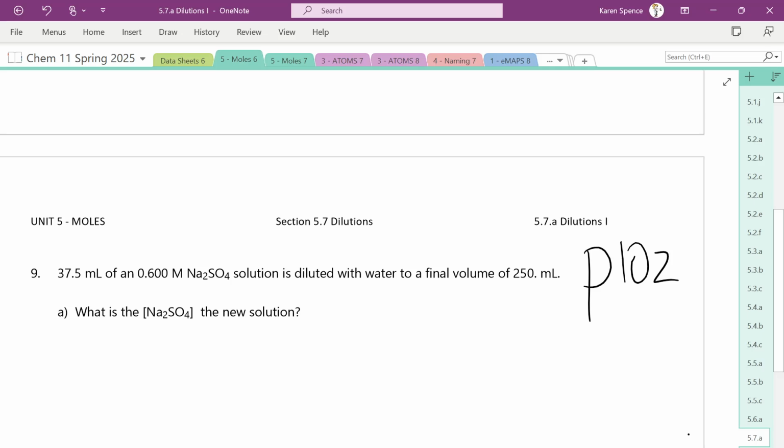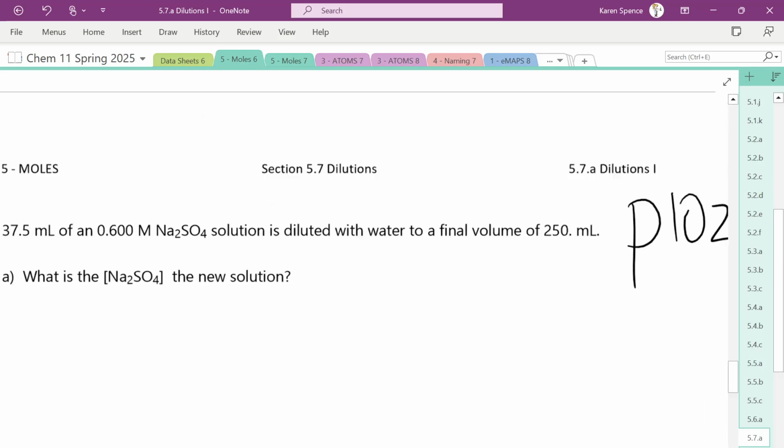Like, if you're like, oh, I just hope Chem 12 will be okay, even though I don't know how to do dilutions because we didn't get around to that, and even though I don't know how to do limiting reactant because we didn't get around to that, and even though I don't know how to do all these things because we didn't get around to it because I didn't do my homework. So we're going to learn this again today, even though we learned it last Thursday.